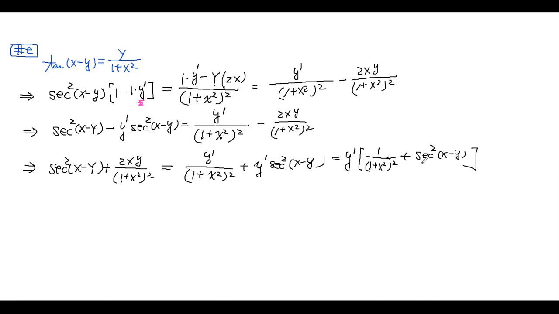Okay, so then finally you say y prime will just be 1 over 1 plus x squared, plus, right? So this is 1 plus what? Plus secant squared x minus y.